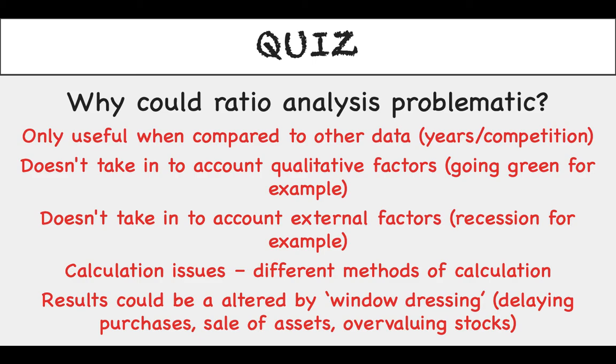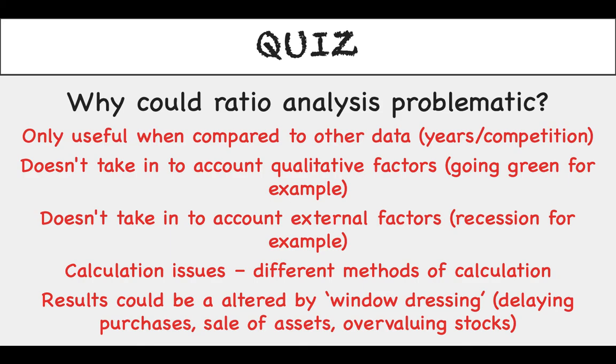Some of the results, particularly the liquidity measures, could be window dressed. And by window dressed, that doesn't mean falsifying the data. That means that you are doing techniques to try and make them appear better than they are. So maybe delaying a major purchase until the next financial year so it doesn't show up on your liabilities.